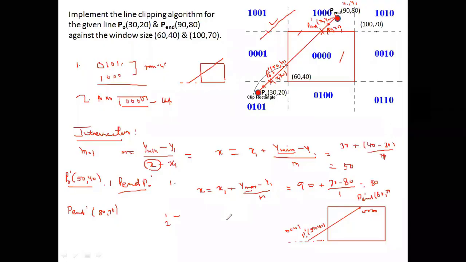Now you can write the outcode for it. The outcode of P naught dash is 0 0 0 1, and the outcode of P n dash is 0 0 0 0, all zeros.